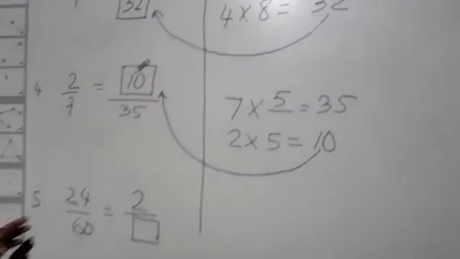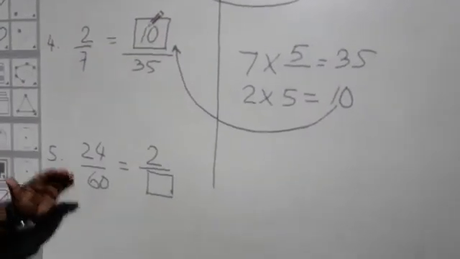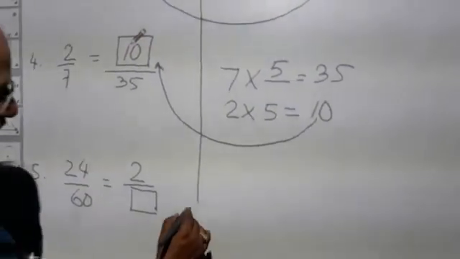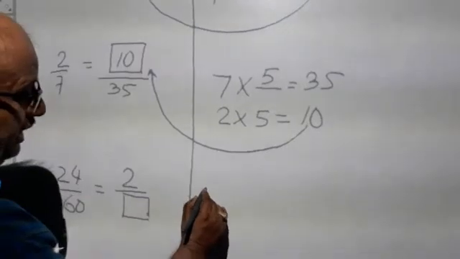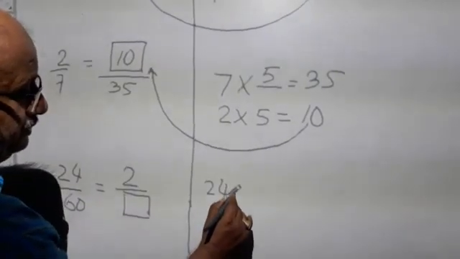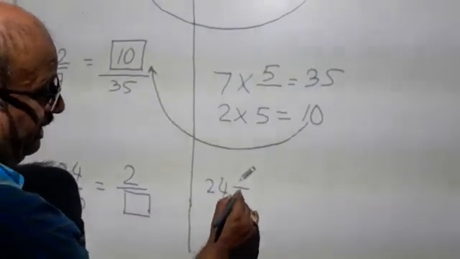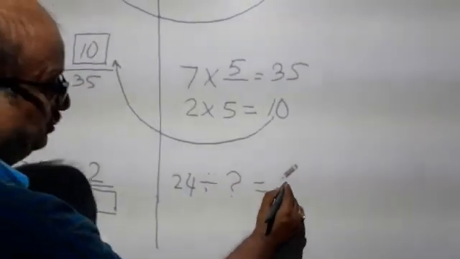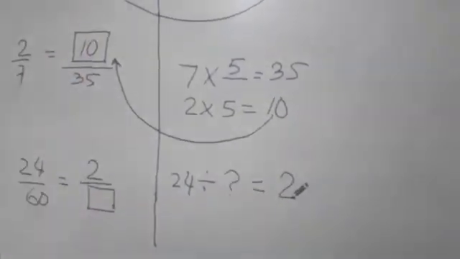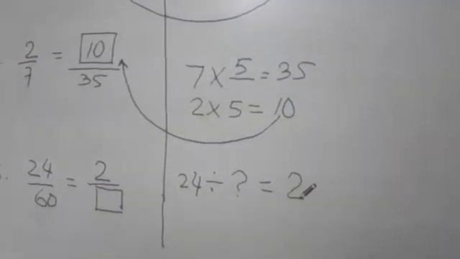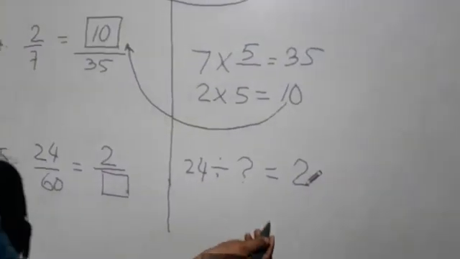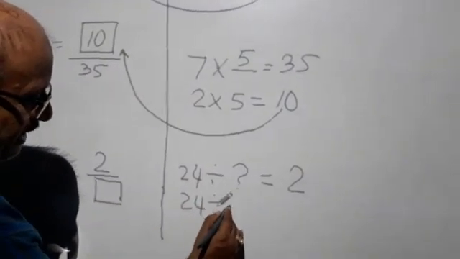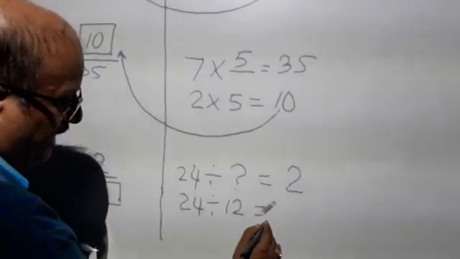Clear? Now next is 24 by 60 equals 2 by dash. Now here, 24 should be divided by what to get 2? So obviously 24 should be divided by 12 to get 2.